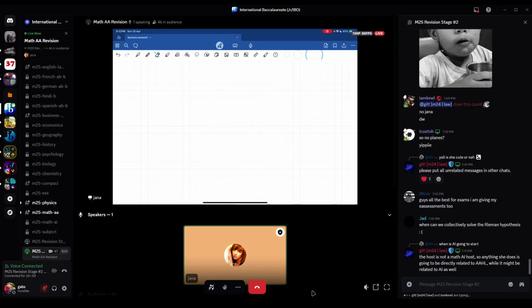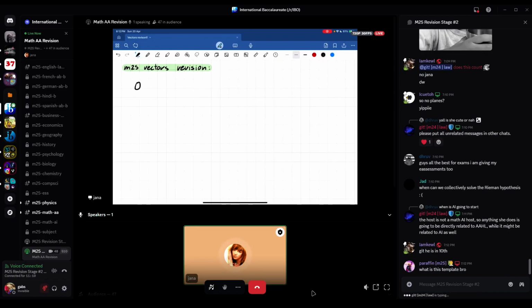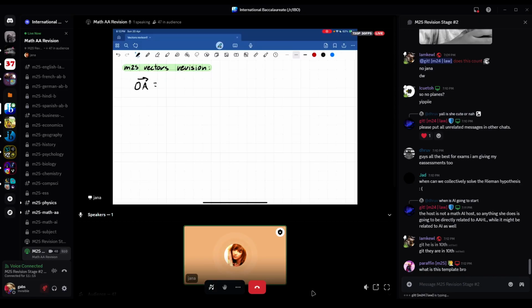And then also, before I start doing any questions, here's a really big reminder on notation. First of all, if you have a position vector of a point, you can call it OA or O whatever, and that's just x, y, z.